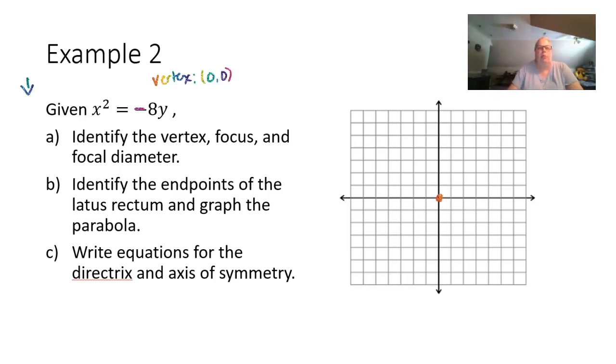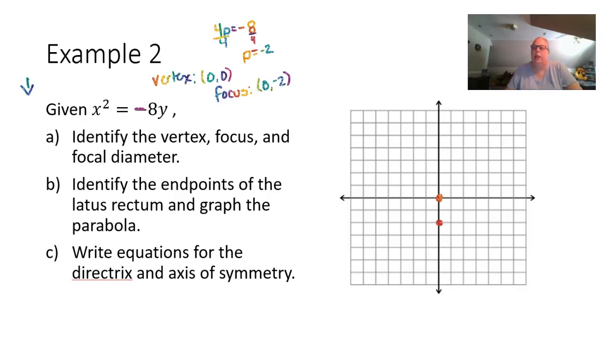Okay, the focus, remember, in order to get to the focus, we have to solve the equation 4p is equal to that coefficient on y. So in this case, that's going to be the negative 8. And when we divide by 4, we find out that p is equal to negative 2. That makes the focus at (0, -2). I'm just going to put it right here.